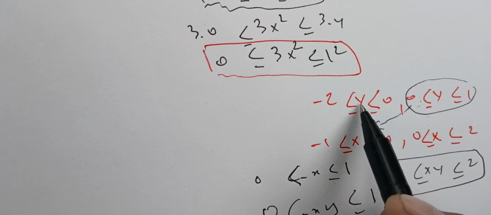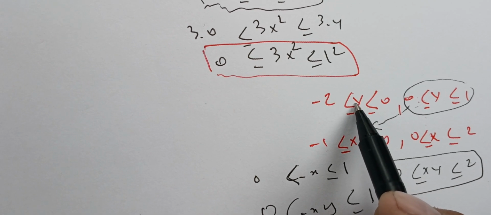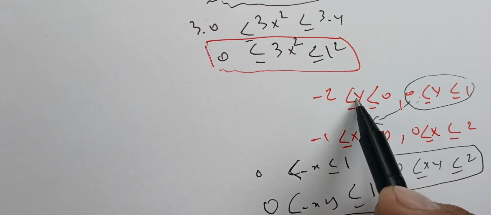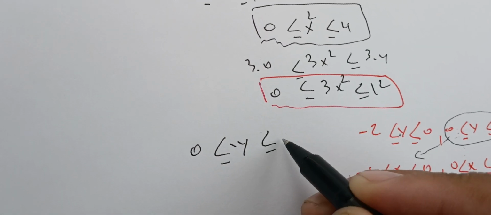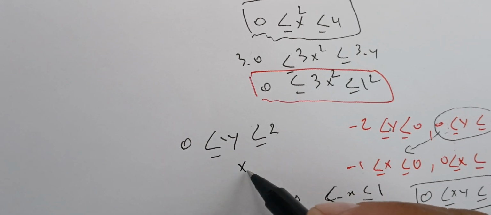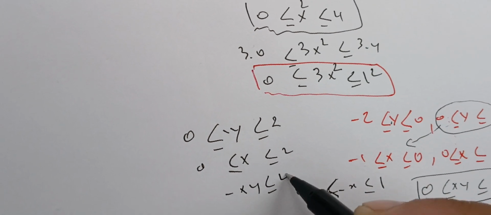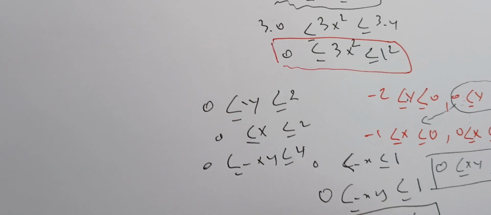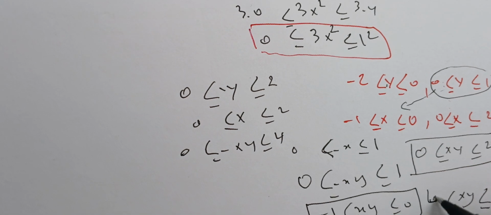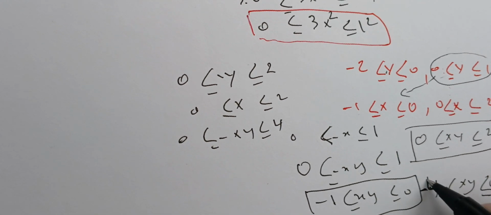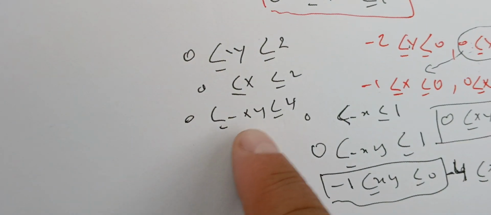So here y is negative. So we make it positive by multiplying by -1. And therefore we have x is between 0 and 2. Therefore we have minus xy is between 4 and 0. And this gives me that xy is between -4 and 0, because here I have to multiply by a minus to get the xy.